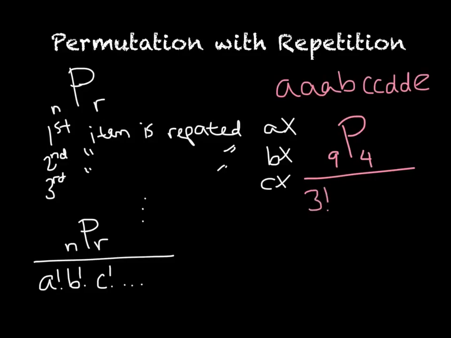Our second item, B, is only repeated once, so we're dividing by 1 factorial, so I'm not even going to write that in the denominator. C is repeated twice, so that's 2 factorial. D is also repeated twice, and E is only repeated once, so we don't have to divide by anything for that.